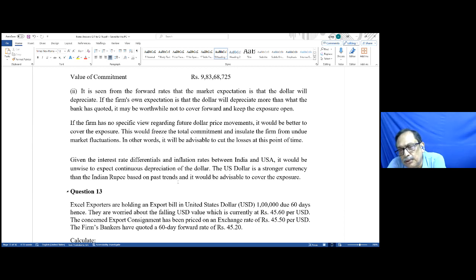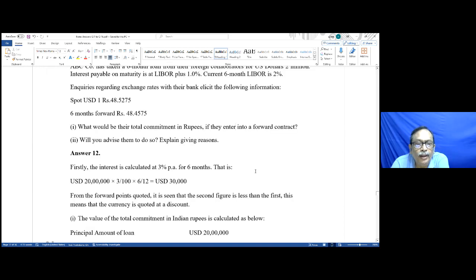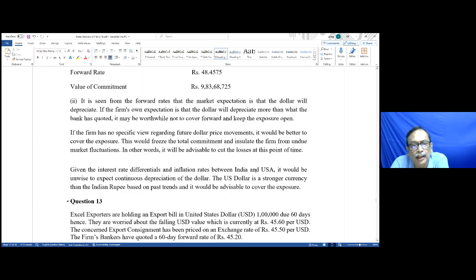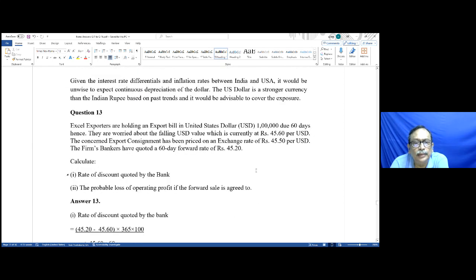The US dollar is a stronger currency than the Indian rupees based on past trends, and of course, it would be advisable to cover the dollar. So that is the correct and proper answer for the question. Now we are coming to the next question.